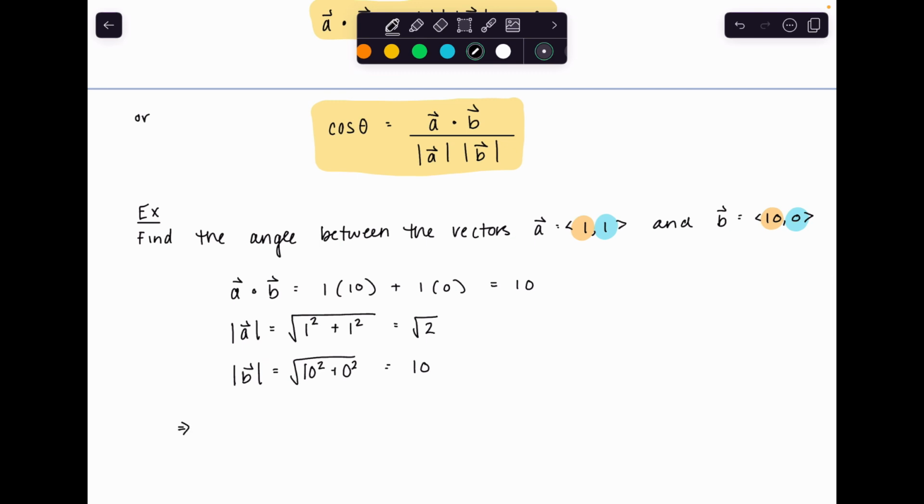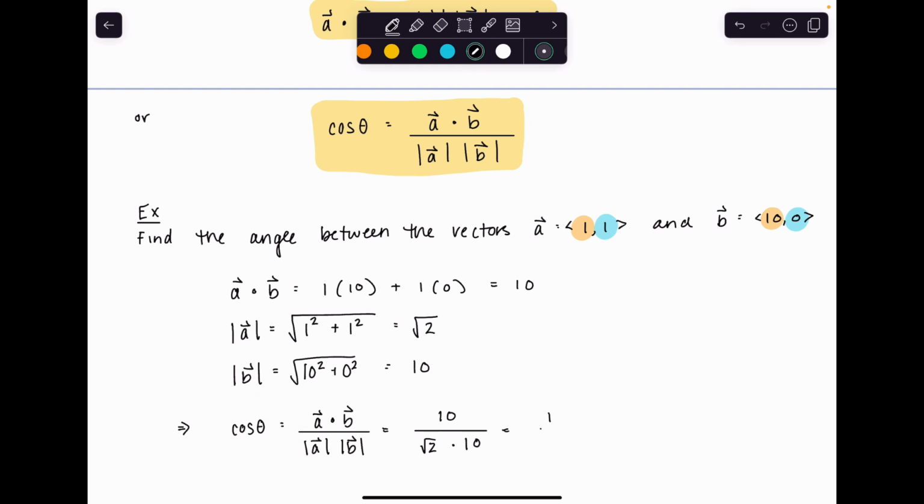So plugging this into our formula, cosine of the angle between A and B is equal to the dot product over the magnitude of each vector. The dot product is 10, the length of A is root 2, and the length of B is 10.